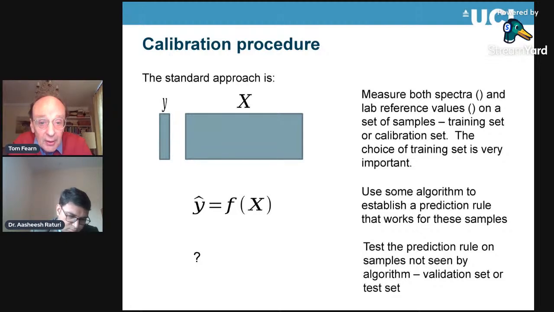So the training set has to represent the future samples that you're going to want to predict. And that's sometimes quite hard. But what you should not do is make it too easy for yourself by selecting a very restricted training set, all carefully chosen so they're very similar in lots of ways and all carefully equilibrated to the same moisture content and so on. You'll get some lovely training results and your calibration will be useless. So just a warning there.